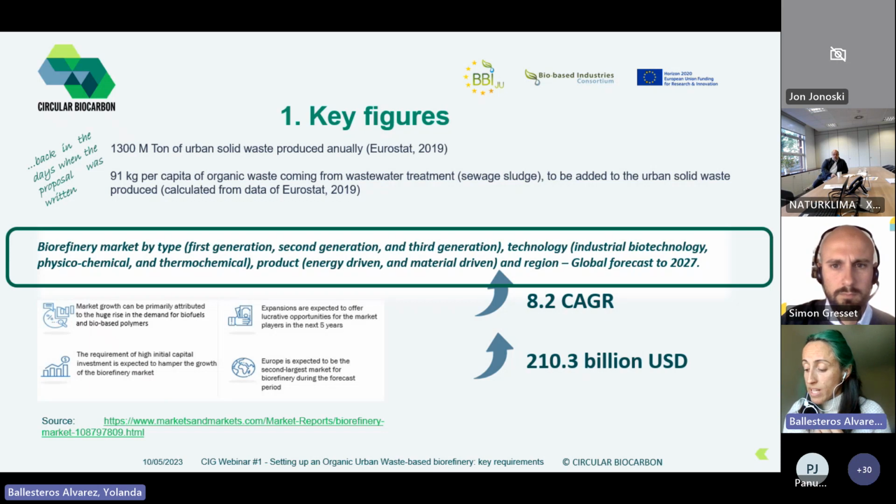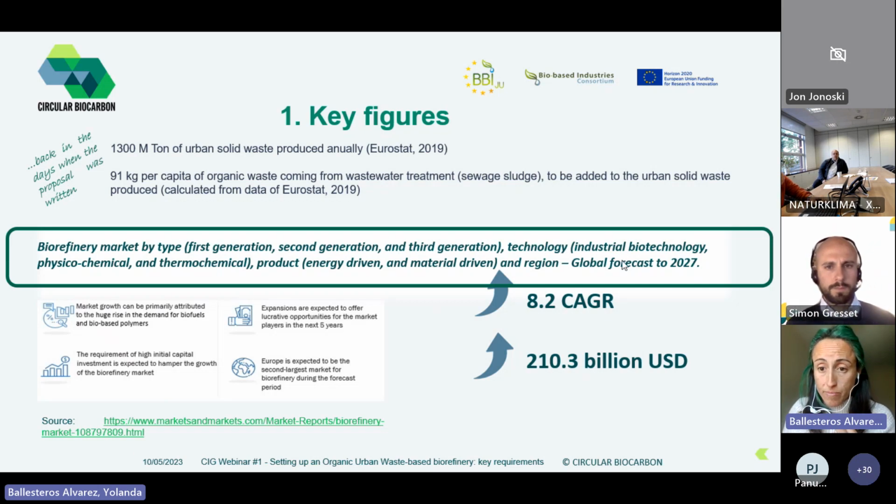All of it, together with the high rate of depletion of fossil fuels, makes the biorefinery a choice which is more than acceptable.